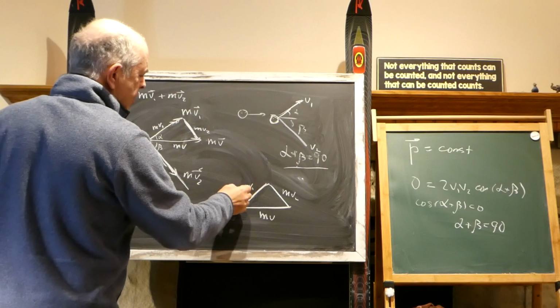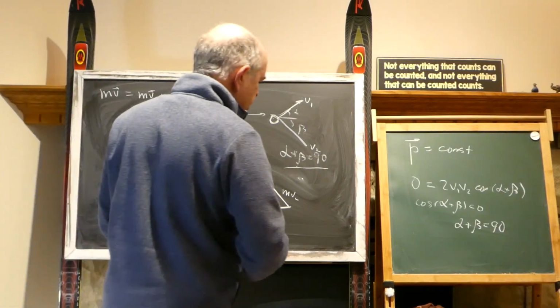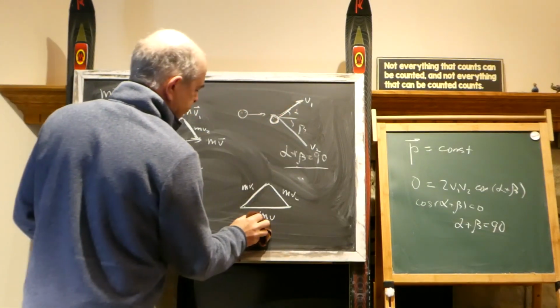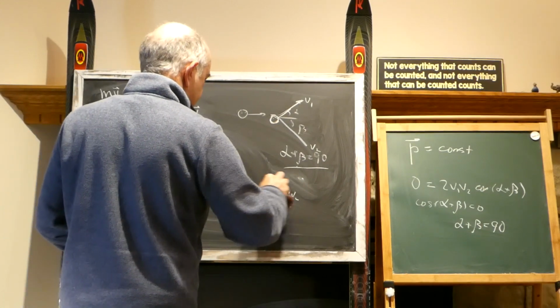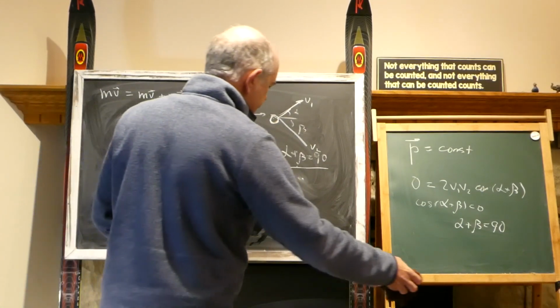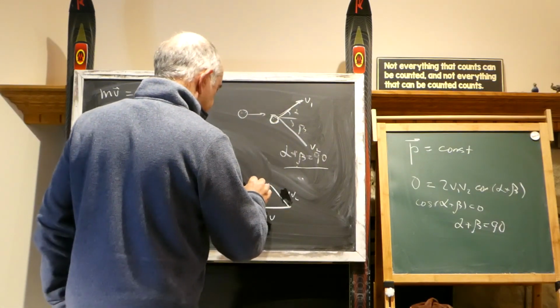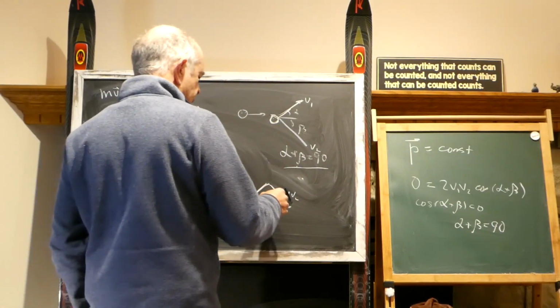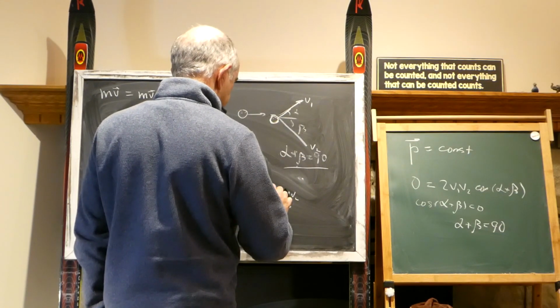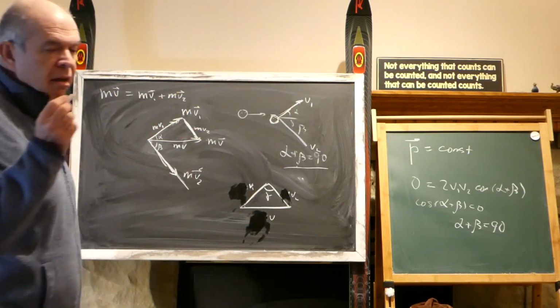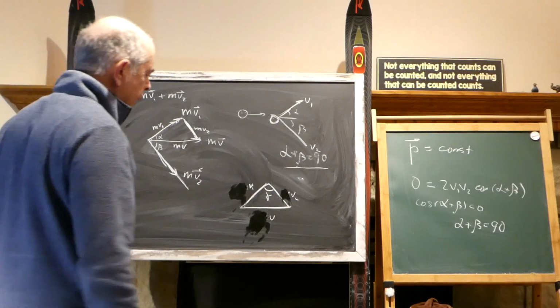And m is the same everywhere, so I can cancel it out and it will be simpler for me. So if the mass is the same, the same coefficient, it would be like this. So now I have a triangle. And let's put this angle, I don't know, gamma. It's my right to call this angle gamma.